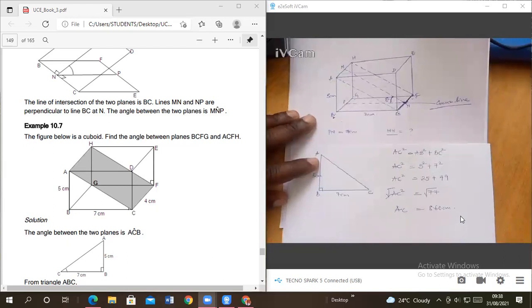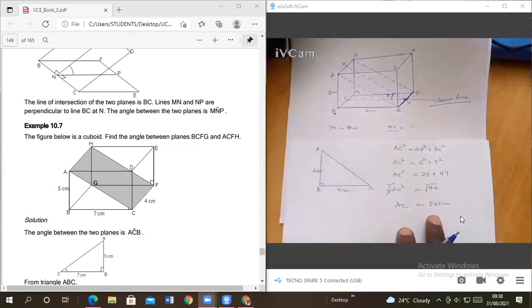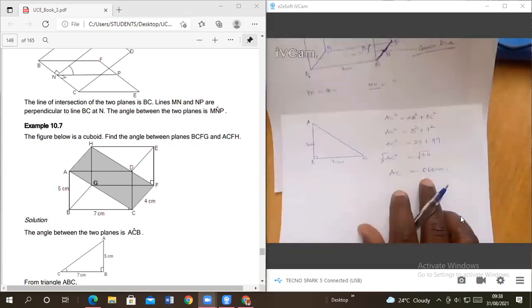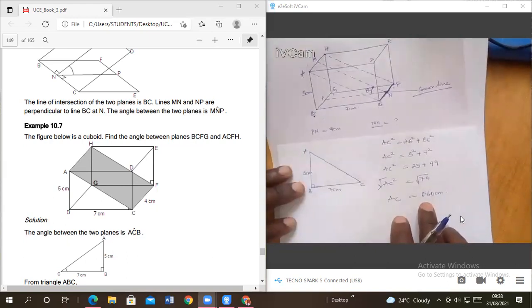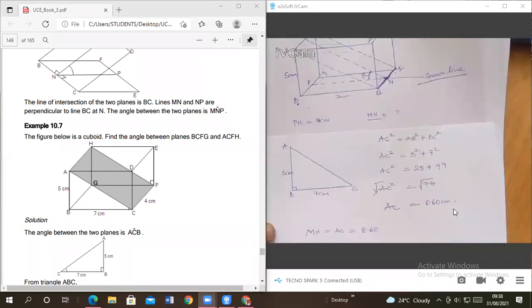After finding our SC, which is 8.60, MN equals SC, but our SC is 8.60 centimeters.